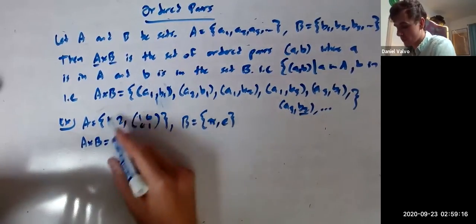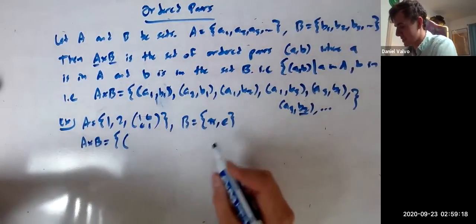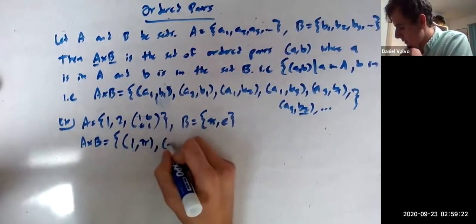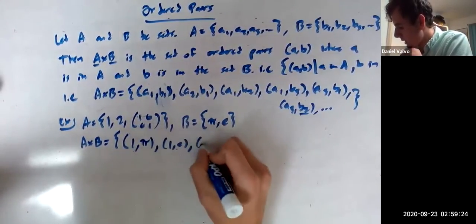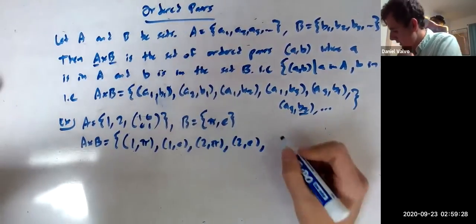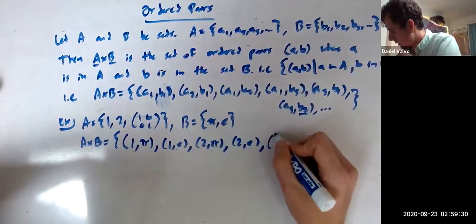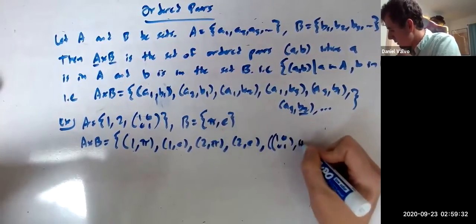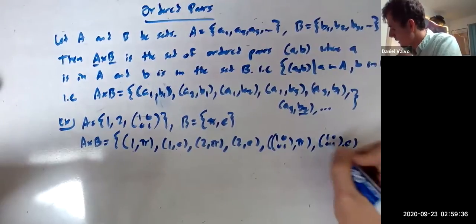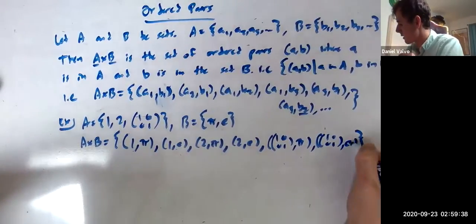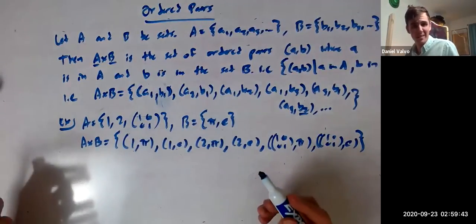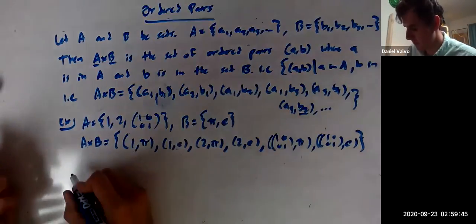And so you have 3 choices for the first coordinate of an element and 2 choices for the second coordinate. It's going to be (1, pi), (1, e), (2, pi), (2, e), ([[1, 0], [0, 1]], pi), ([[1, 0], [0, 1]], e). Make sense? It's an ordered pair.